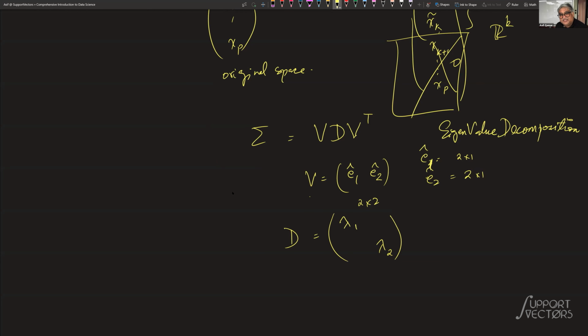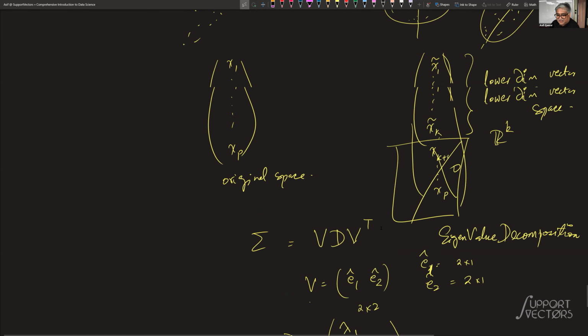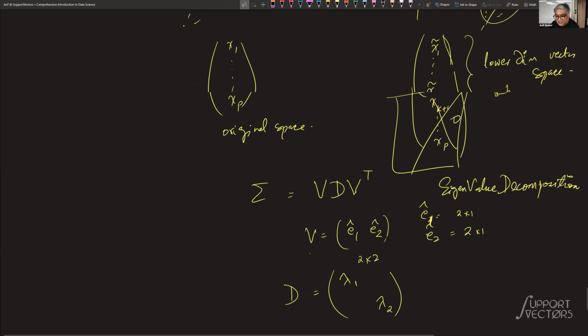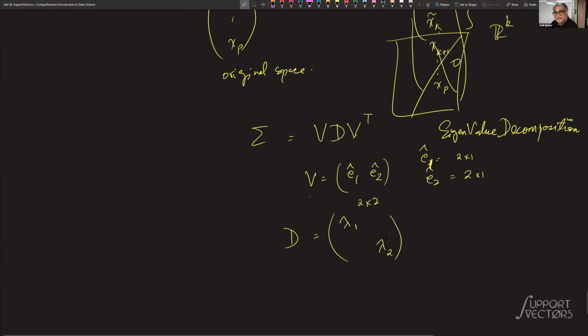The amount of stretching the points undergo when you take, for example, this Gaussian noise and apply the covariance matrix to it, you will notice that the amount of stretching the points along the eigen directions go through is exactly equal to this. It's a diagonal matrix.